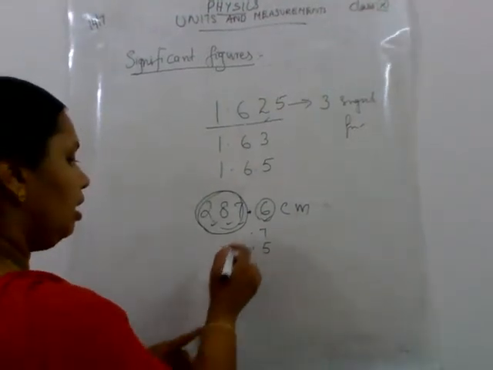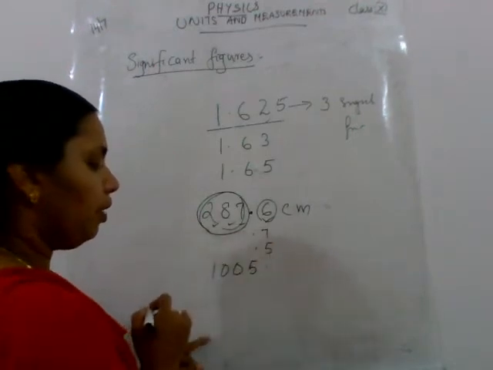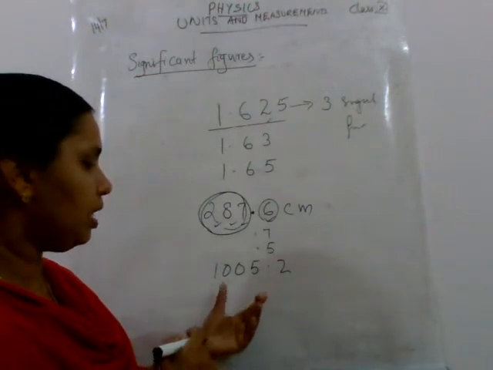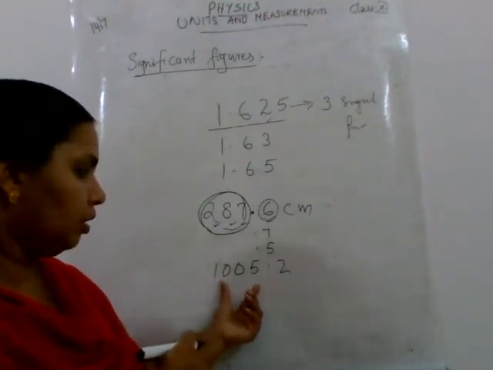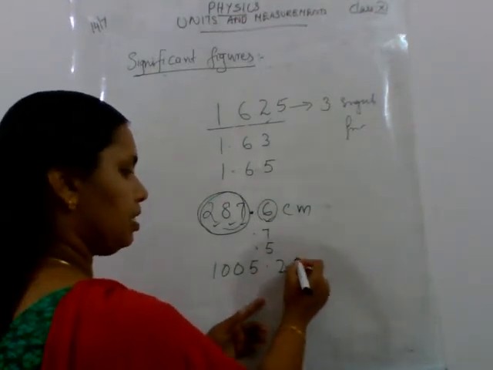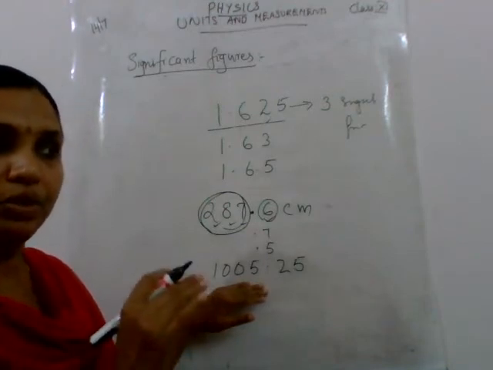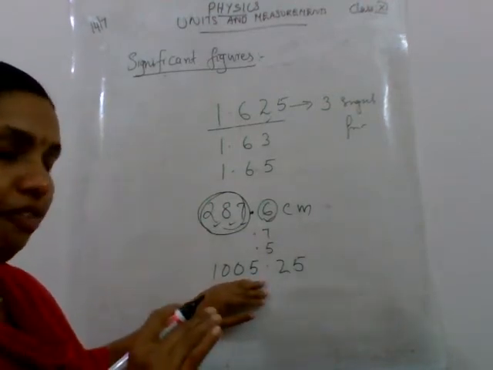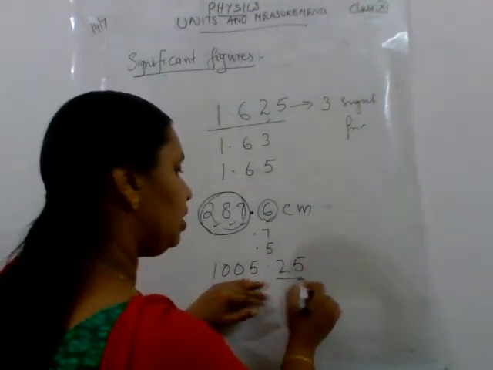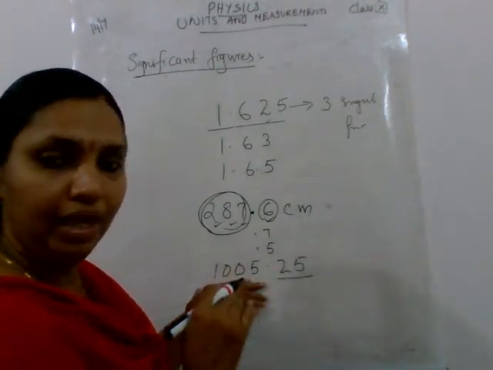Then you are measuring a mass, that is 1005.2. Okay, and 25 comes. But the 1005 is a constant. Any object you are measuring, its mass is equal to 1005. In all the measurements, you will get that 1005. Then the other digits may change, 0.25 or 0.31, like that it may vary.